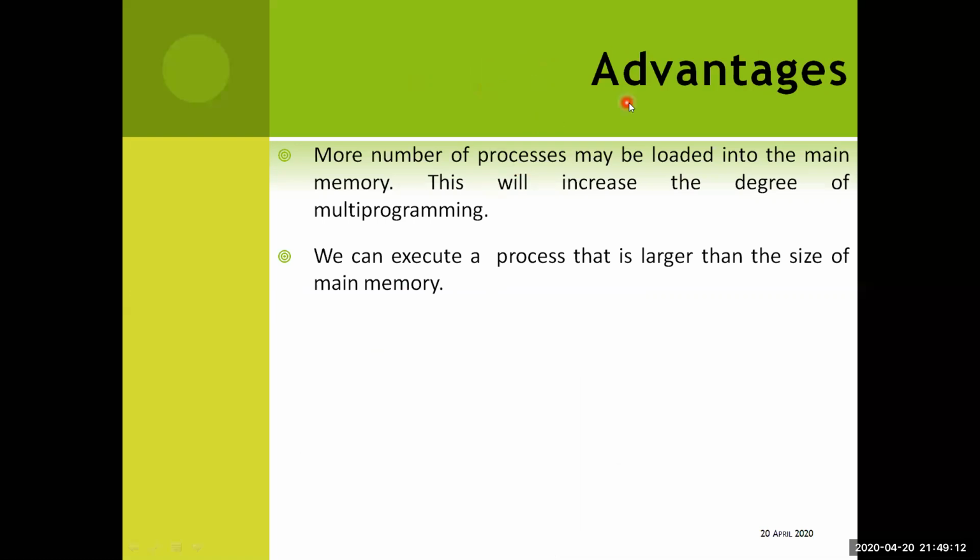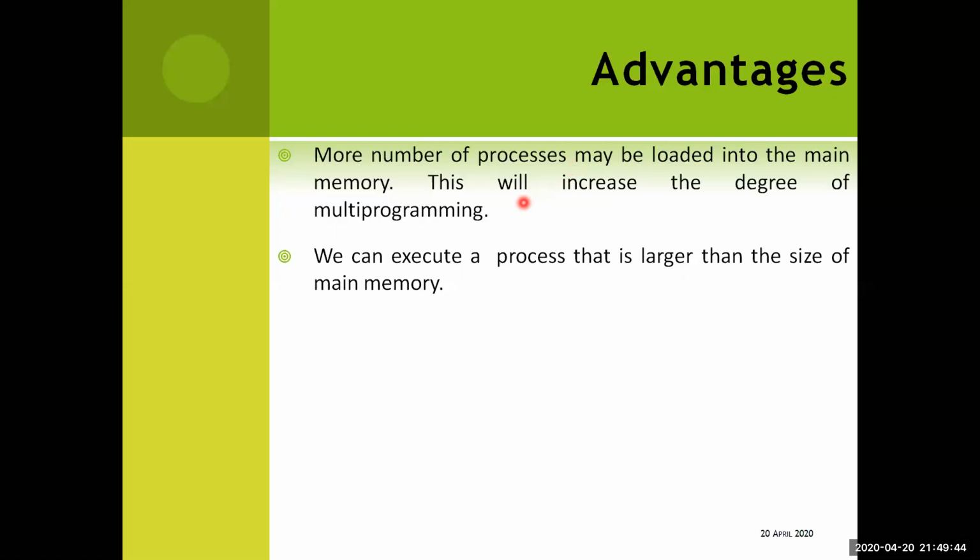Now we will discuss a few advantages of demand paging. Demand paging gives us the flexibility to load more processes, as all the processes are not completely loaded into main memory. We are loading only a small portion of processes into the main memory. So this means we are able to load more processes.